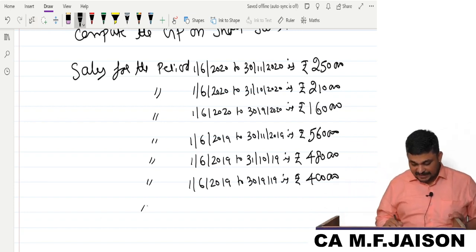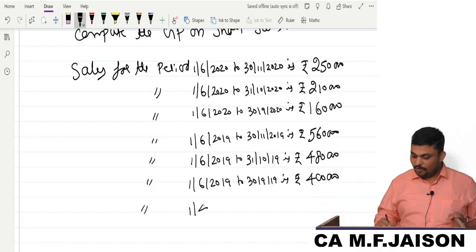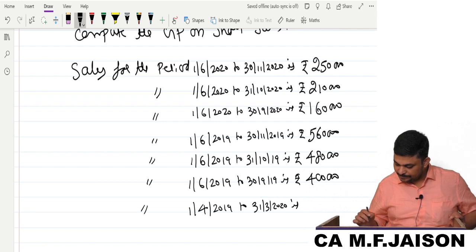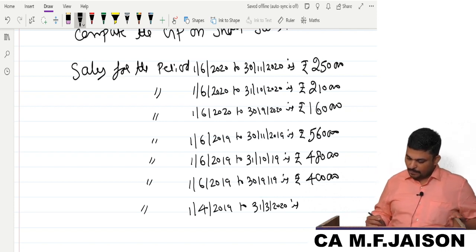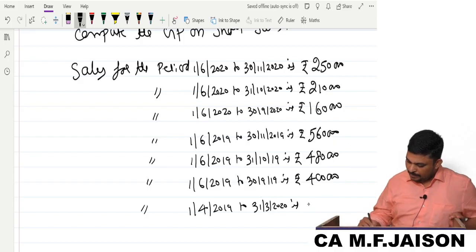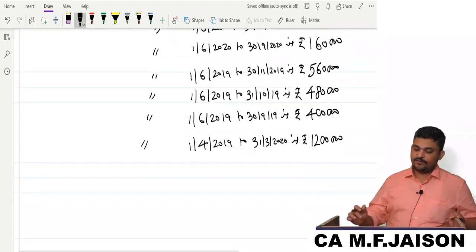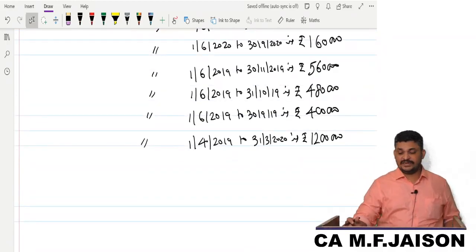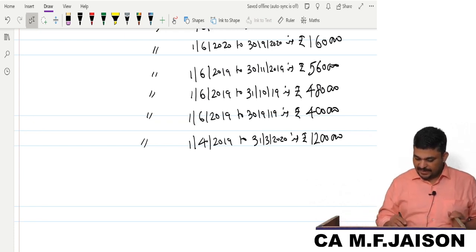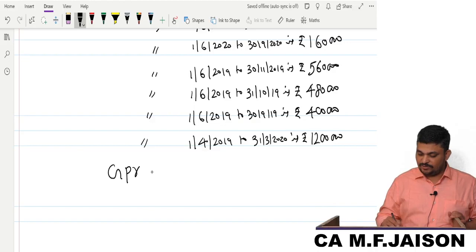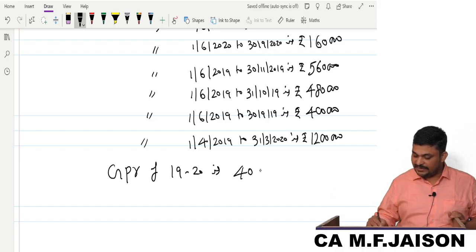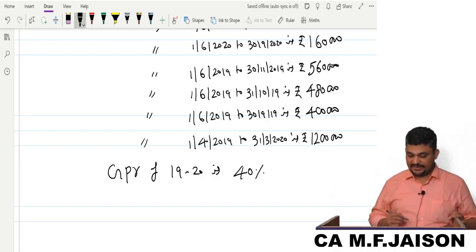Now once again, sales for the period 1/4/2019 to 31st March 2020 is rupees 12 lakhs. Then gross profit ratio of 2019-20 is 40%.